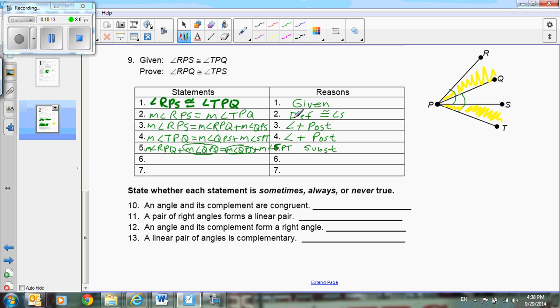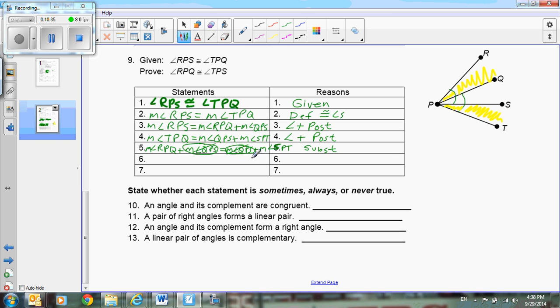So what I can do now is subtract that from both sides. I would be subtracting the same measure from both sides. So if I had two things equal to begin with and I subtract the same amount from both sides, the left side will still be equal to the right. Your reason will be subtraction property of equality.